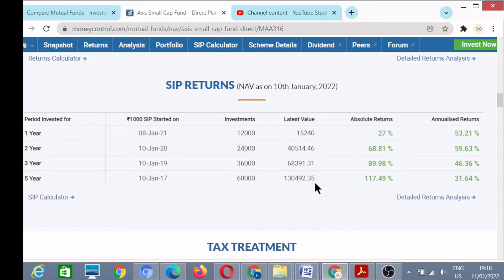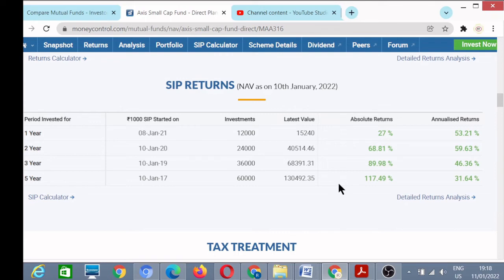You can compare these returns with your bank or post office RD. In RD mode you invest in monthly mode, and as in SIP also you invest in monthly mode, so you can compare your returns with post office or bank RD, where you get 5.8% returns in post office.